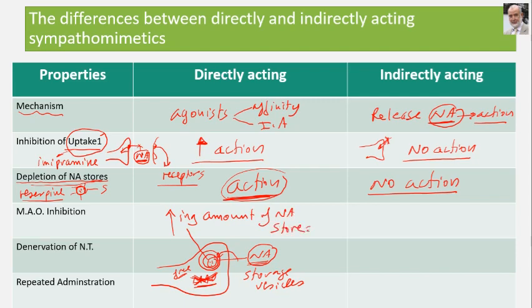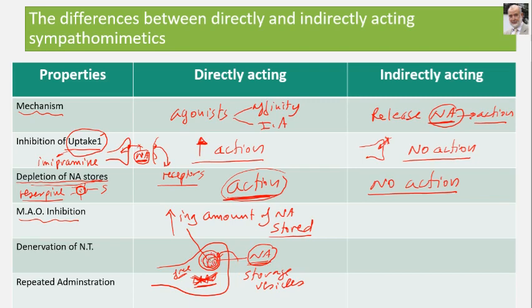So by inhibiting MAO, monoamine oxidase, all the noradrenaline synthesized or reuptaken from the nerve terminal will be stored, i.e., it will increase the amount of noradrenaline stored.